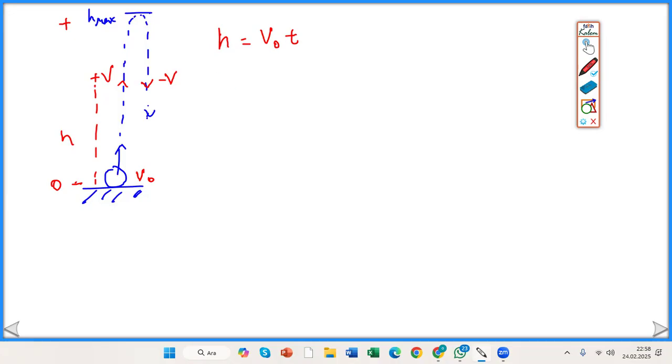As you know, time has no sign, and plus 1 over 2, as you know, the sign of the gravitational field strength is always negative, and time squared.